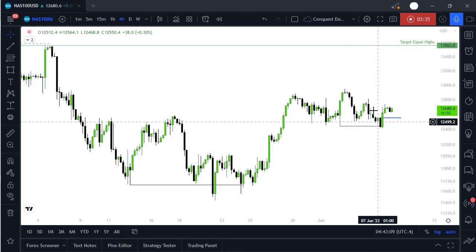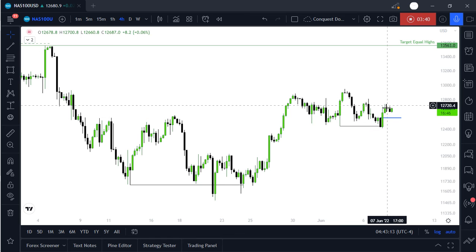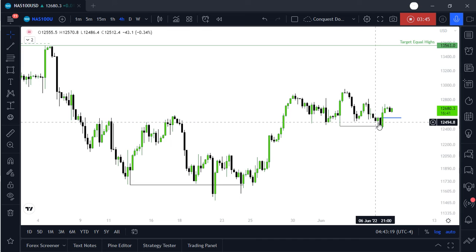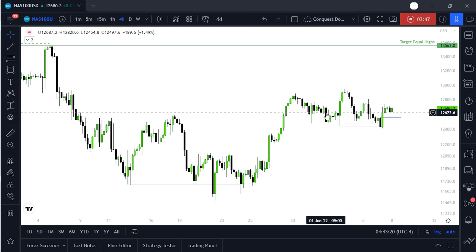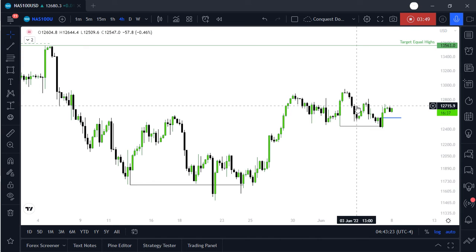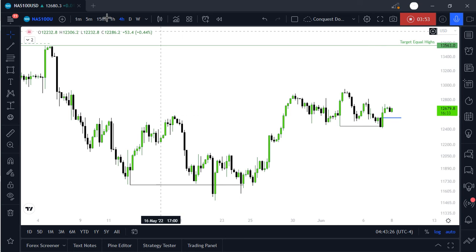We can see that price actually has set up quite a nice bullish setup right here from this consolidation. We can see that this is a whole week's consolidation plus Monday and Tuesday's trading.